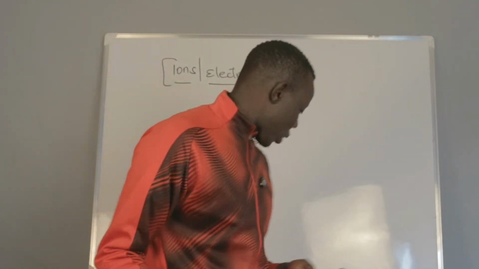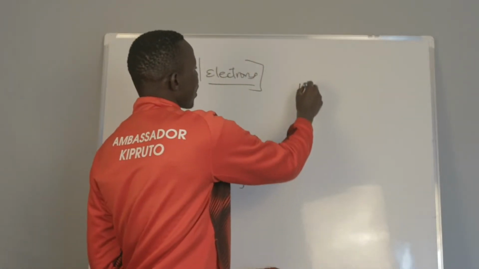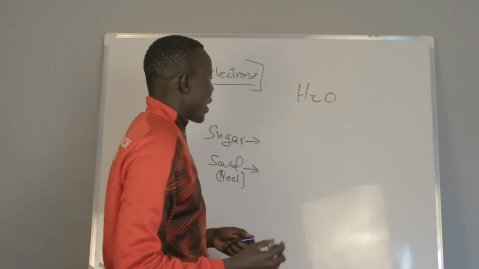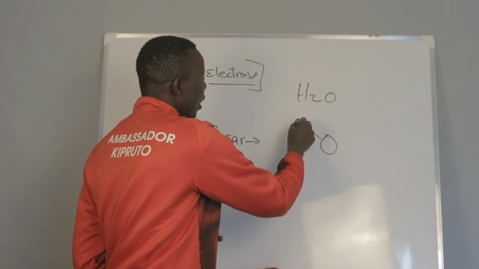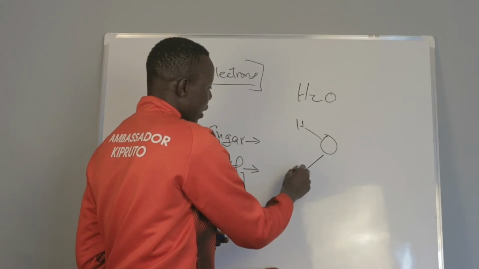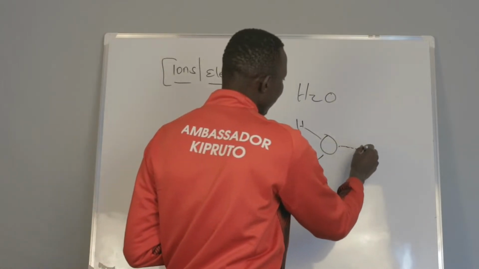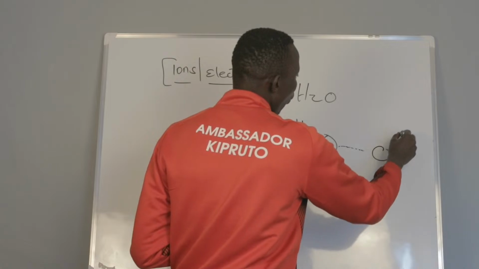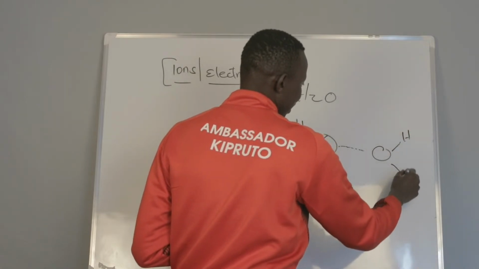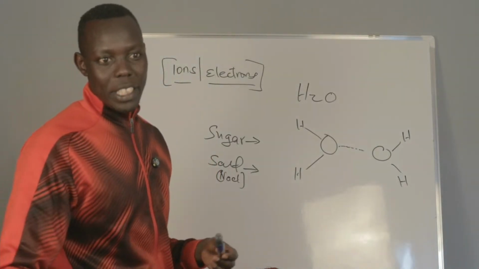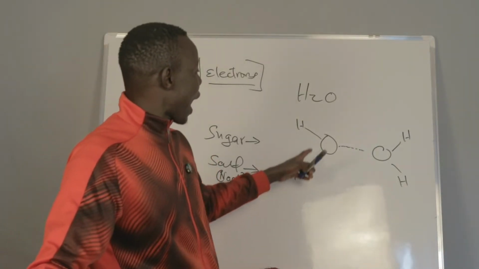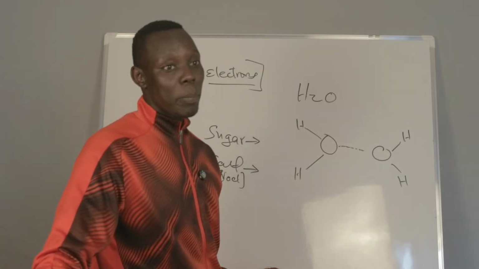Like in water, water is made up of H2O this way. Yeah, so we have oxygen here, then ikona hydrogen, which is covalently bonded to hydrogen. Then it has weak van der Waals forces to another water molecule on the other side. So what makes water to relatively have a higher melting point is the fact that it has covalent bonds and hydrogen bonds in it.